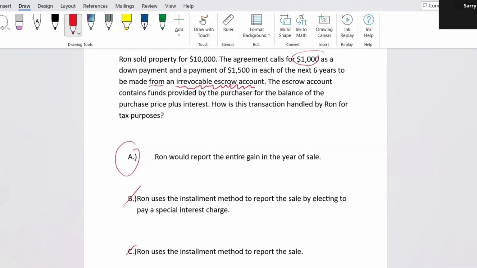And then every year for the next 6 years, 90% of the $1,500 would be essentially a return of basis, and the other 10% would be capital gain. And if there's interest, that would be additional taxable income to the client. So Ron would report the entire gain in this situation because of the irrevocable escrow account. Just look out for that key difference between this question and other questions related to installment sales.